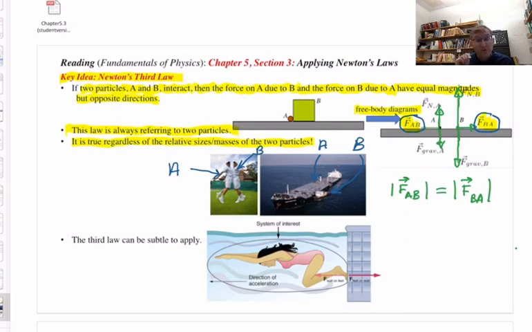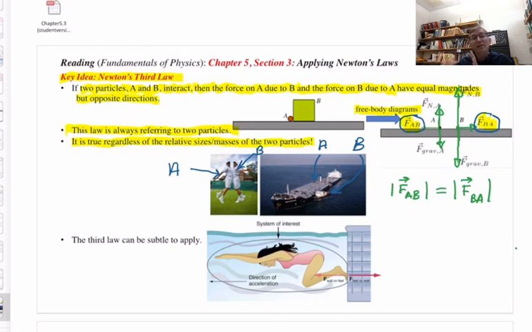Only one of those is from the tug. So the force on the tanker from the tug, that force alone is not enough to understand why the tanker is moving the way it is. To understand why the tanker is moving the way it is, you must get the net force on the tanker. And one of those multiple forces on the tanker is from the tug.